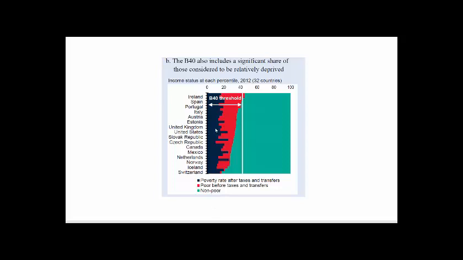In the United States, in contrast, the poor before taxes and transfers are lower than Ireland right here, but the transfer is not significant. So after taxes and transfers, you have a poverty rate in the United States that is actually higher than Ireland, even though in the beginning, before taxes and transfers, that was not the case.